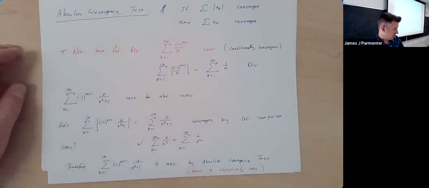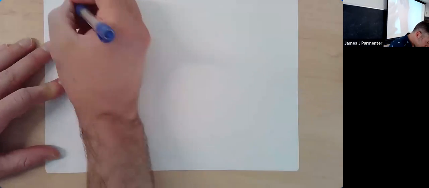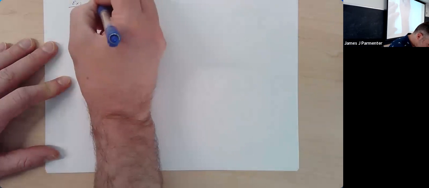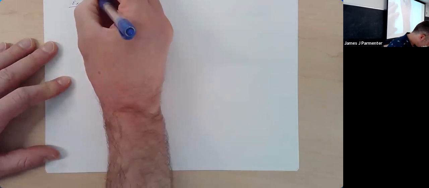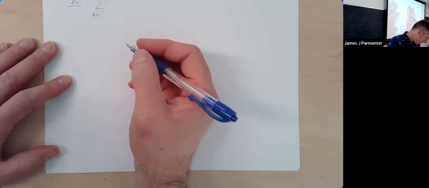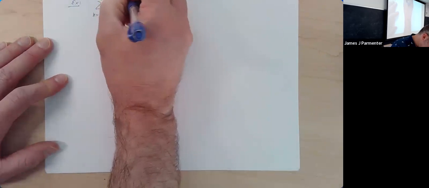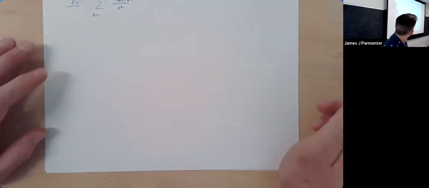But sometimes you have series that are not alternating, but are not always positive. For example, the sum from n equals 1 to infinity of cosine of n over n squared.